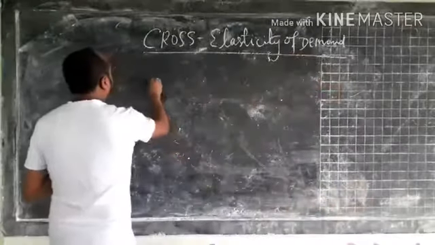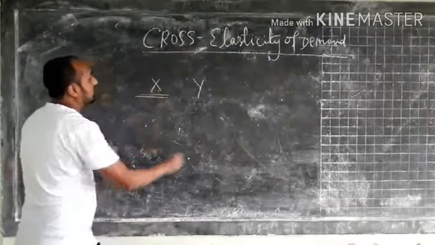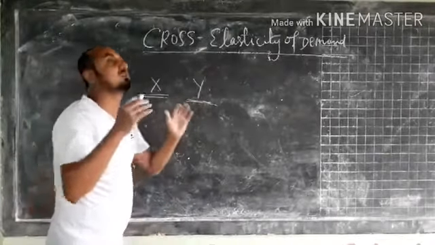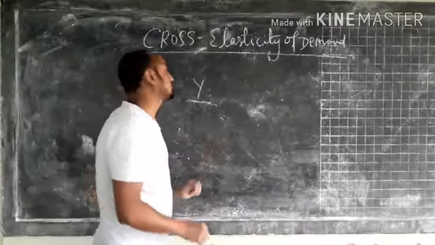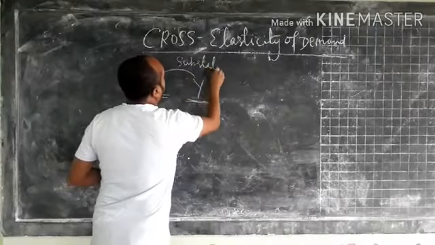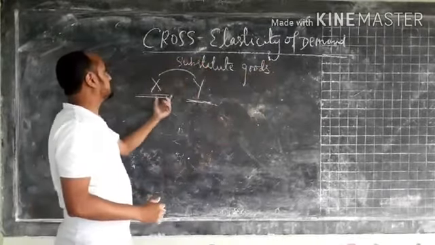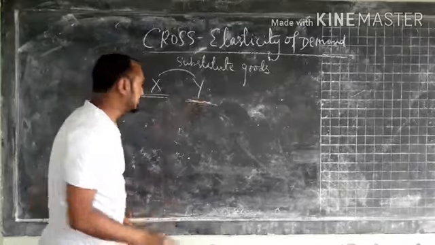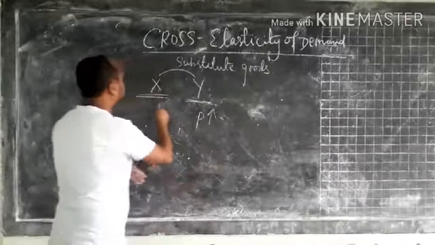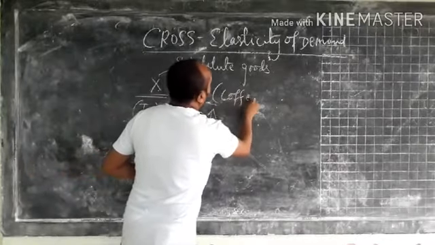Now let's consider two commodities X and Y. So what I mean to say is that when the price of either X or Y increases or decreases, and if they are substitute goods, suppose X and Y are substitute goods, say X is our tea and Y is our coffee.